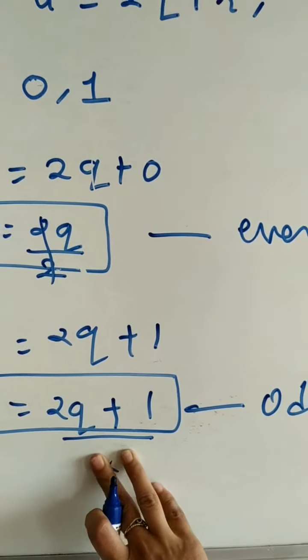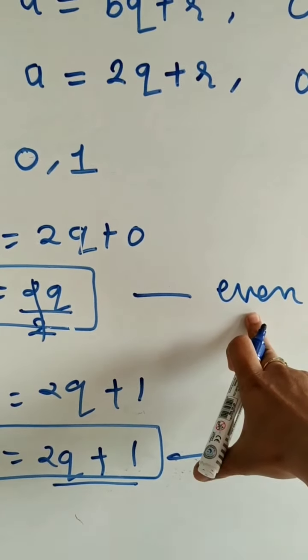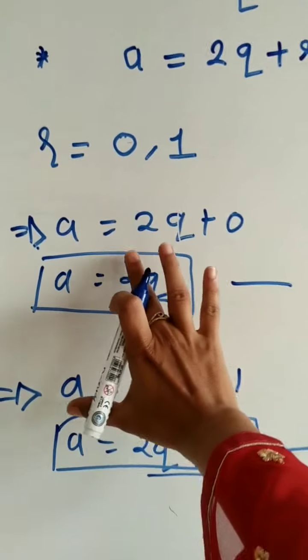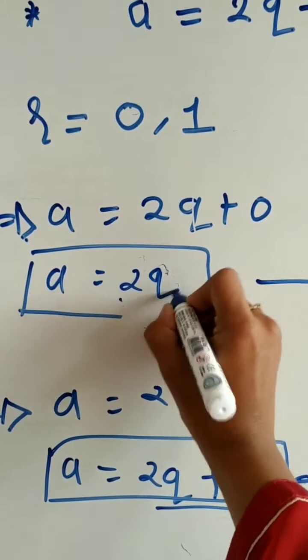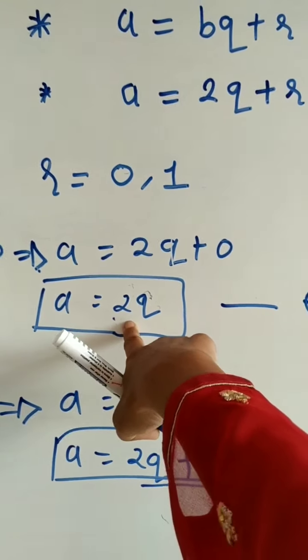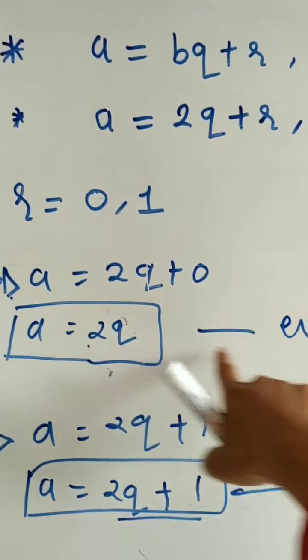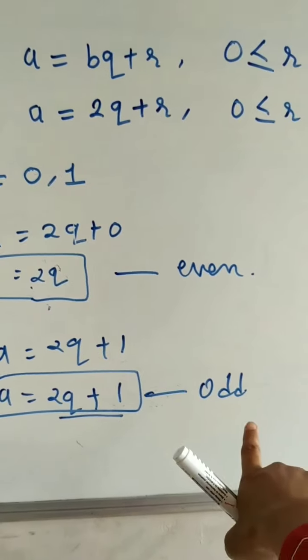So simply the number which we can divide is even, and if we can't divide, that number is odd. We do not have to show this process, but we understood that we can divide it by b, meaning 2, so that's why this number is even, and we cannot divide the other, so this number is odd.